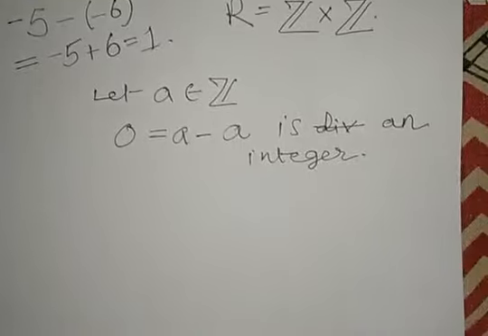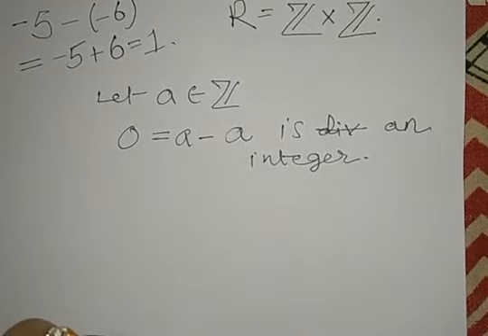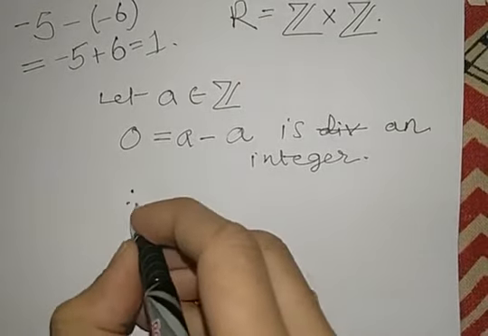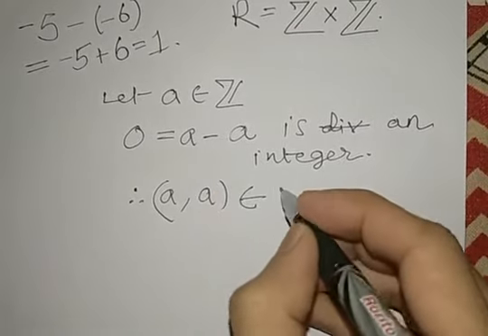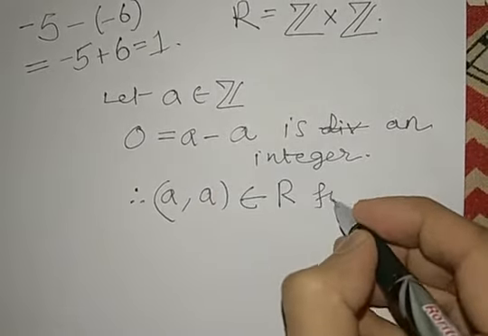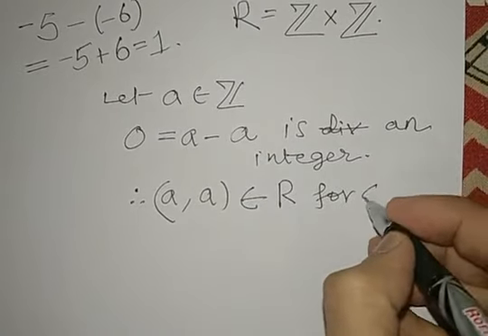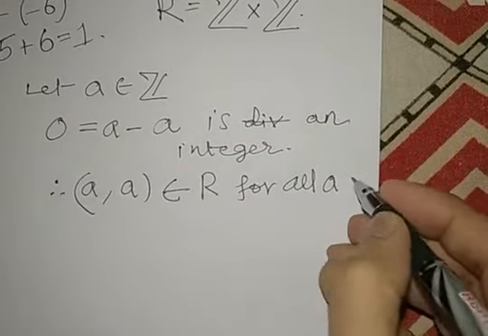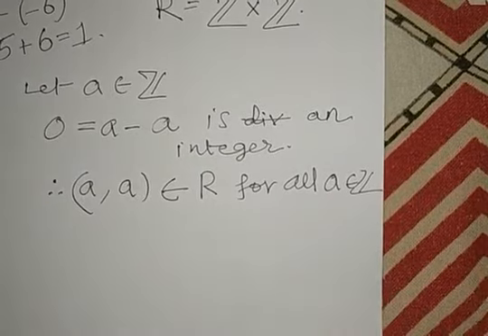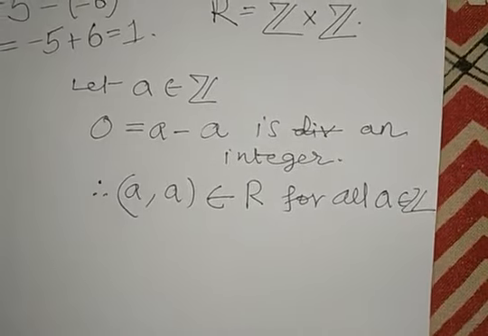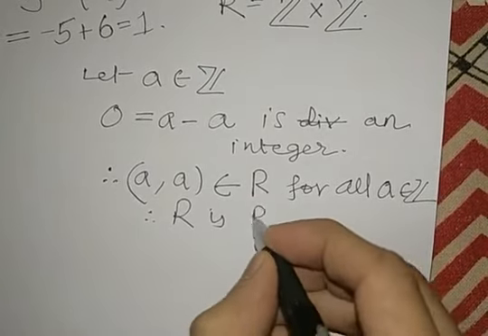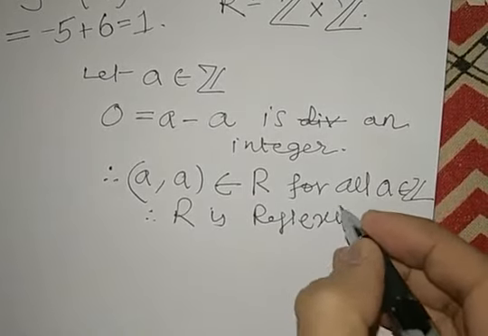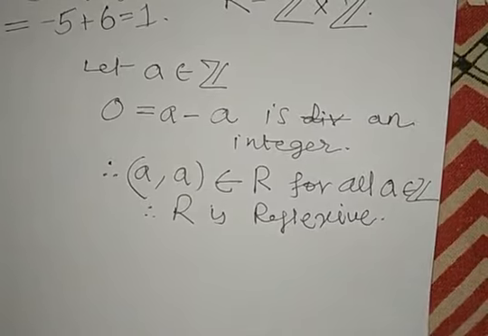So therefore A comma A will belong to R for all A belonging to Z. So therefore R is reflexive.